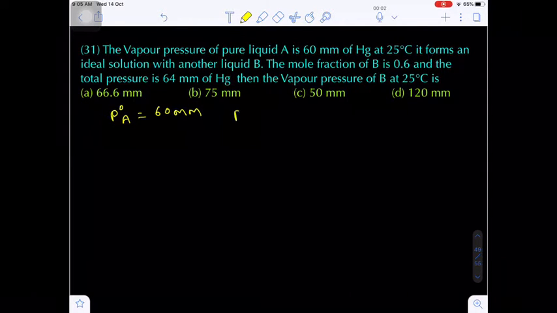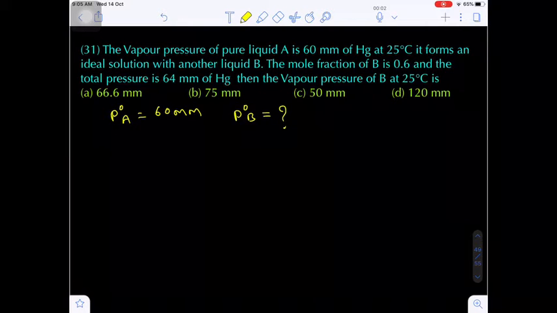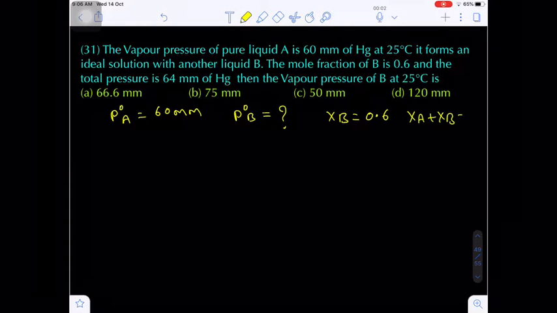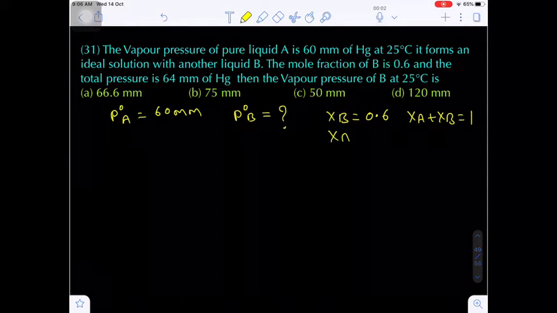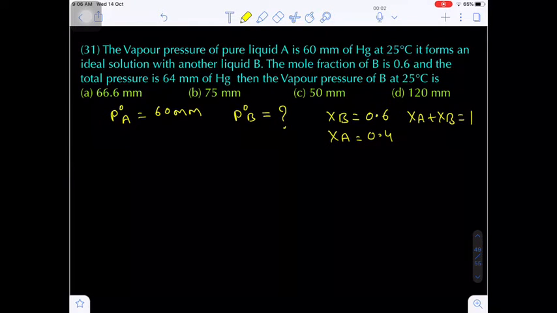It forms an ideal solution with another liquid B. The pure vapor pressure of liquid B is not given, that is to be calculated, and the mole fraction of component B is given, Xb is 0.6. Do you know Xa plus Xb equal to 1? With the help of this expression, the mole fraction of component A will be 1 minus mole fraction of component B, so 1 minus 0.6, that will be 0.4.